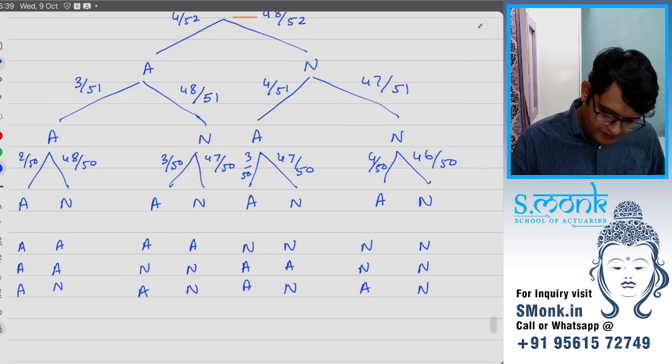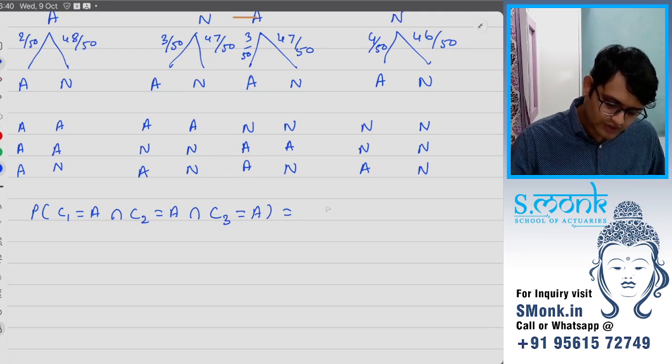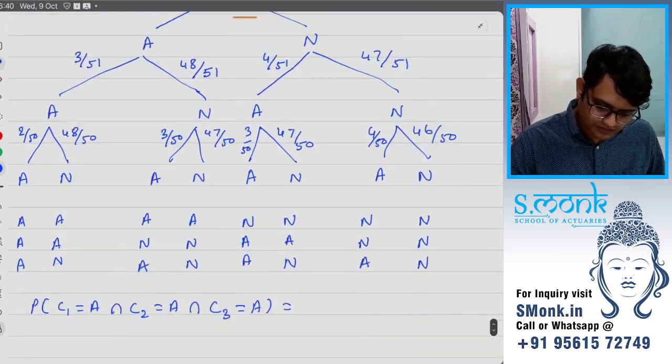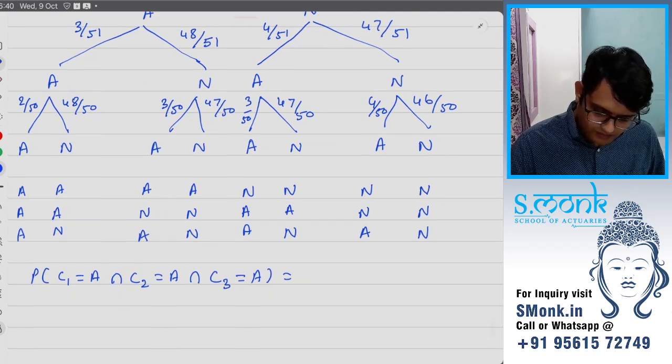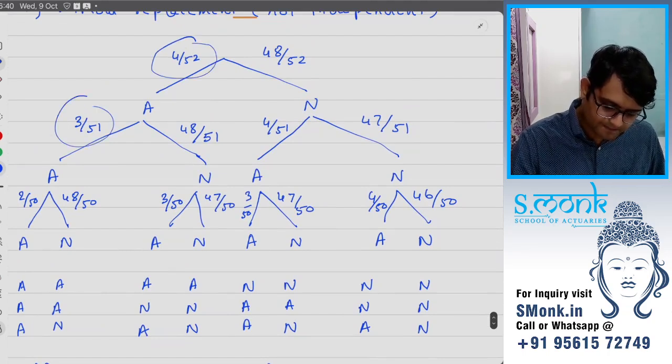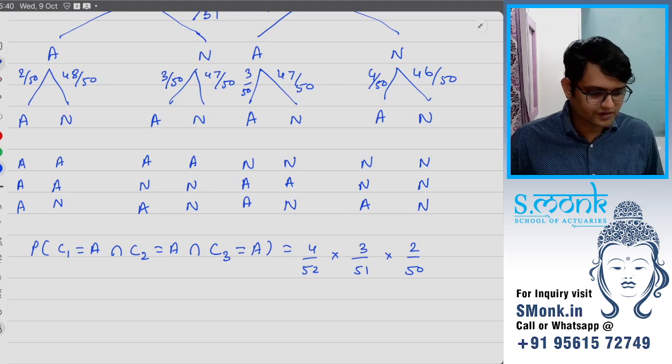So I can say probability of getting card 1 as ace and card 2 as ace and card 3 as ace will be equal to, I will multiply these 3, so we'll have 4 by 52 into 3 by 51 into 2 by 50.